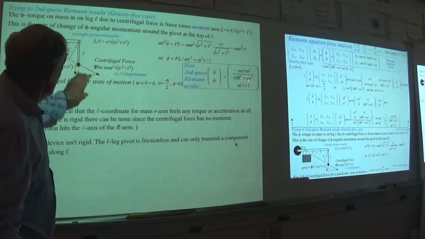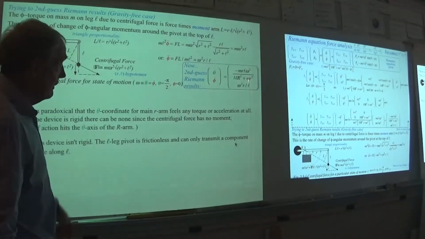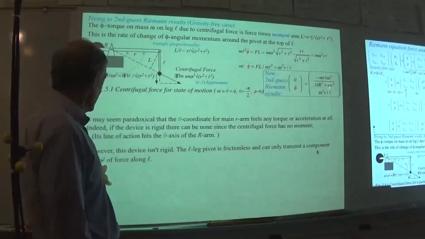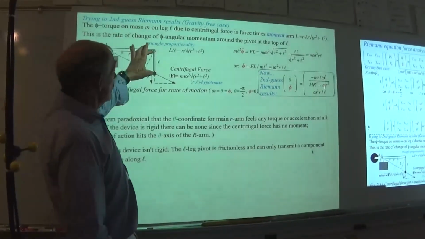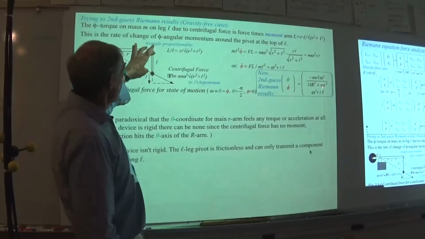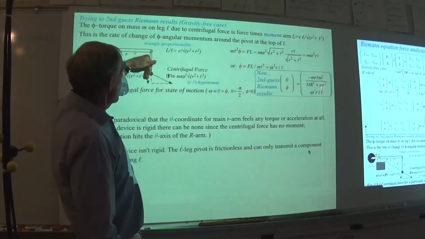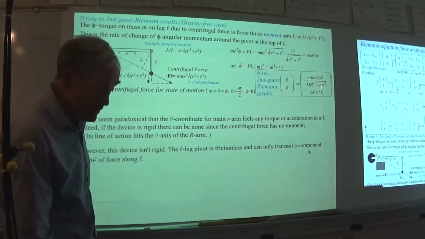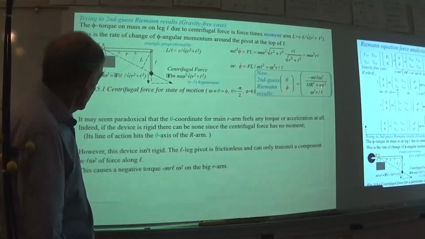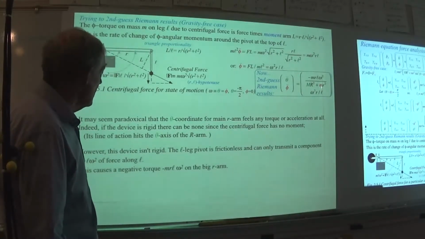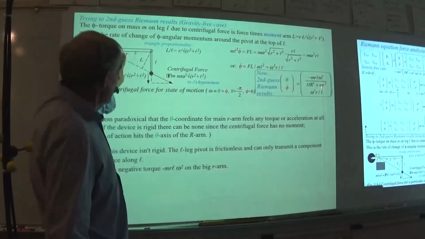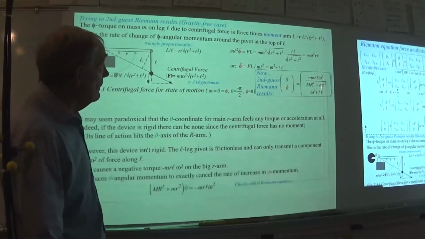This guy is a frictionless pivot, and can only transmit a component along the string. That's the important thing here: this thing cannot have any torque on that just due to what's going on there. So we have to be careful and see if we can say this thing is causing a negative torque on the big arm, and that's what we're after.